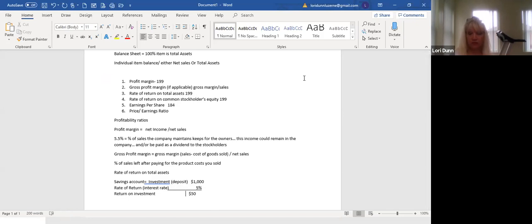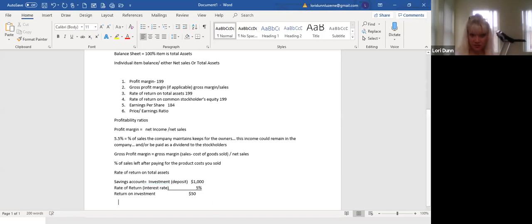For instance, with your savings account, you know the investment amount, and the bank tells you your rate of return, 5% interest. So you can calculate the return you actually make, the money you make on the investment.